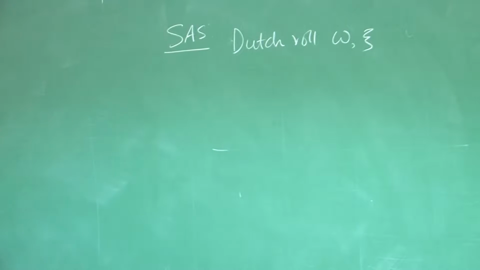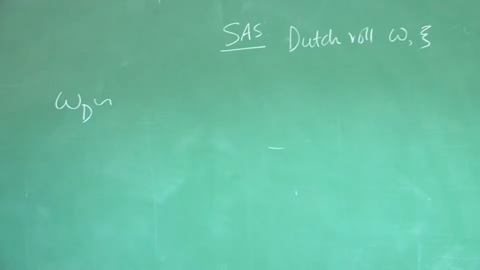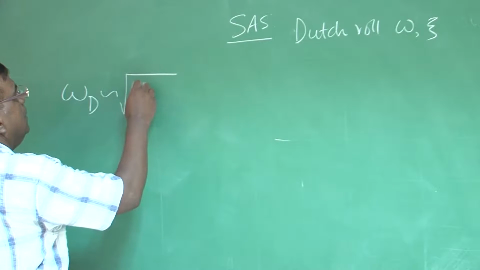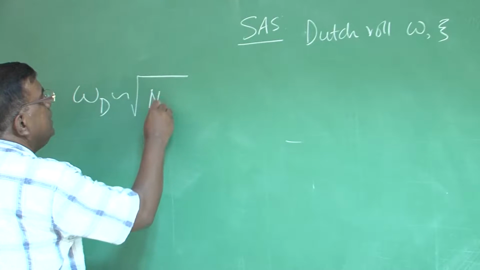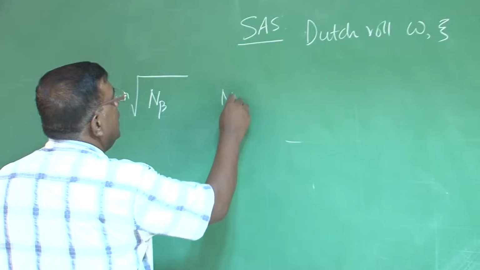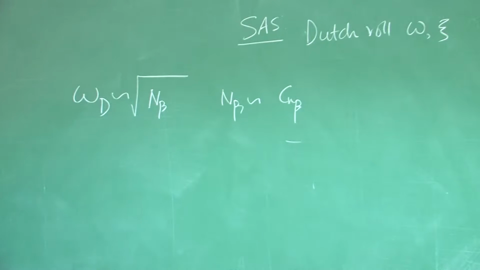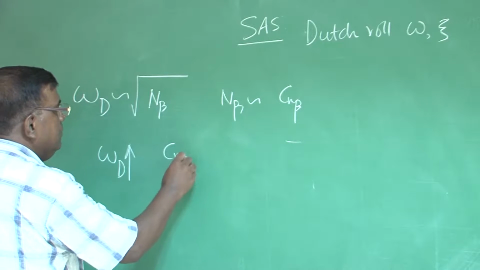We have seen from the first-order, 1D analysis that omega d is directly proportional to square root of n beta, in one dimension. And n beta is half rho V square S b Cn beta by I zz. So if I want to increase omega Dutch roll, that means I have to increase Cn beta.